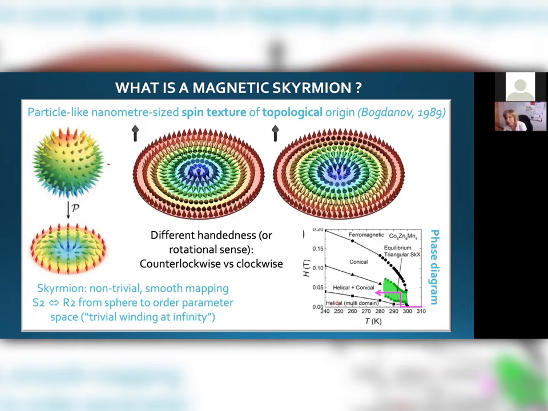So you start from something that was already complex, and then you apply a magnetic field, and you end up in a region where the skyrmion usually happens. So what is generally observed is that skyrmions are driven by magnetic field, and in most cases, they are driven by Dzyaloshinskii-Moriya interaction, which is a chiral interaction.